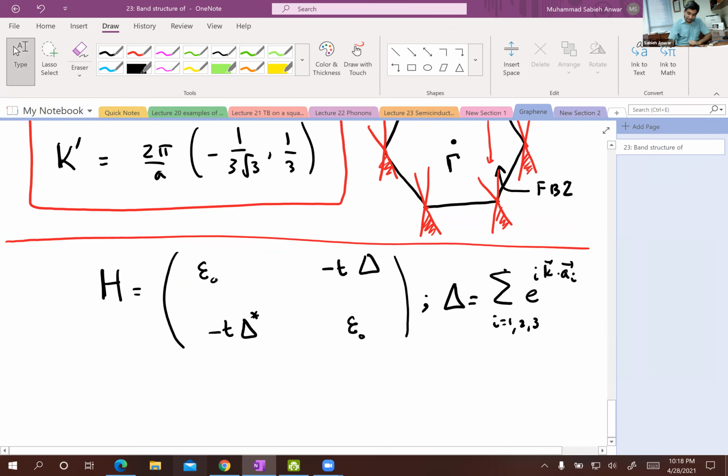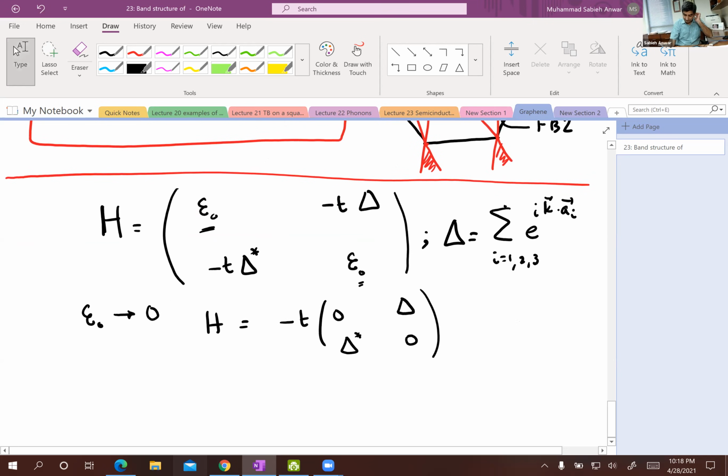Now, for the time being these two diagonal terms are the same, so I can put, without loss of generality, E naught equal to 0 so that the two bands meet at 0 energy. So then my Hamiltonian looks like this. And in that case, these two terms are complex conjugates of one another. I can write this Hamiltonian in terms of Pauli matrices as well.